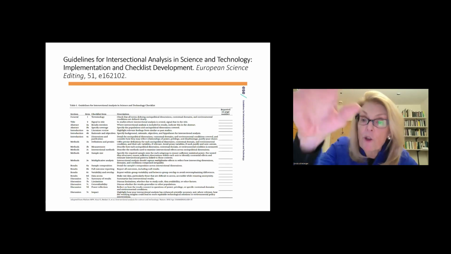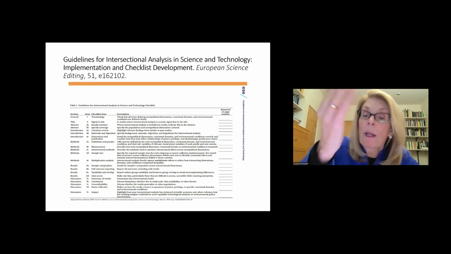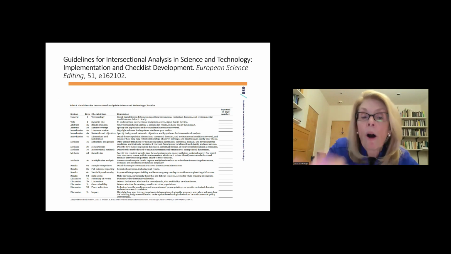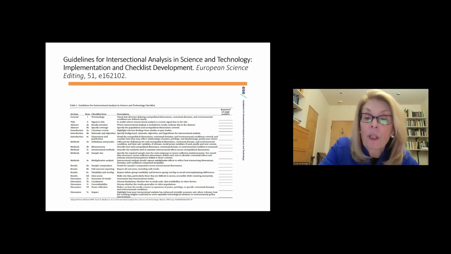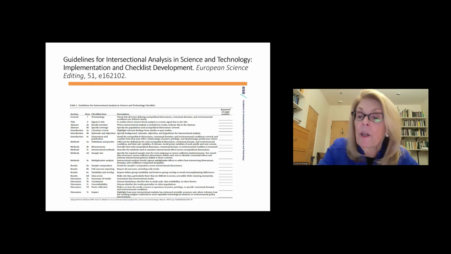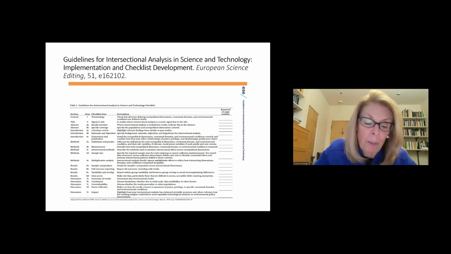So in the Nature paper, we give more of a narrative of those guidelines. And then in the EASE paper, this one, the European Science Editing, we have a checklist. So authors should go to the checklist and they would say, as they submit their paper, okay, the terminology, what page is that reported on? The title, do you have it in your title? What page is that reported on? So it's a checklist to help the editors understand what the authors have done and also to help the authors understand what they should be doing.